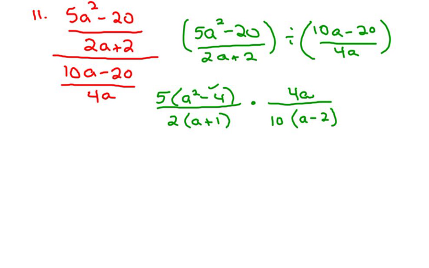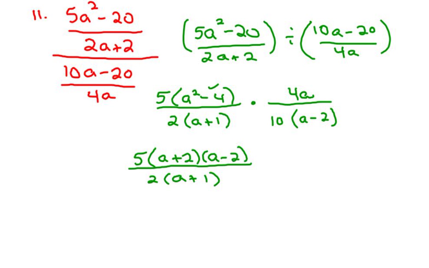Alright, this one needs to be factored further. It's a difference of squares, so let's rewrite this: a plus 2 times a minus 2. Bring down the rest of the problem. Nothing else needs additional factoring. And now cancel what you can. So the a minus 2's can go. 2 into 4 goes 2 times.